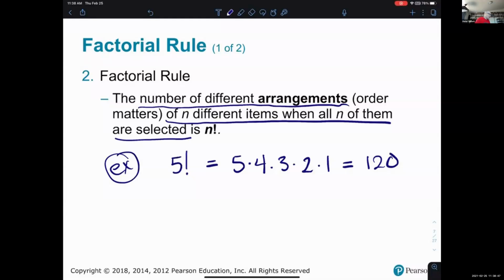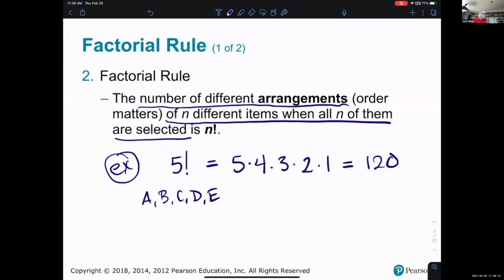So imagine that I have, we'll say, 5 things. Let's say I have the letters A, B, C, D, E, the first 5 letters of the alphabet. So how can I arrange these? What does it mean to arrange them? Well, to list them in a particular order. That's why it says order matters.